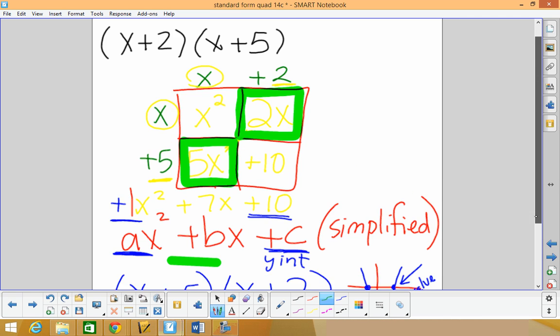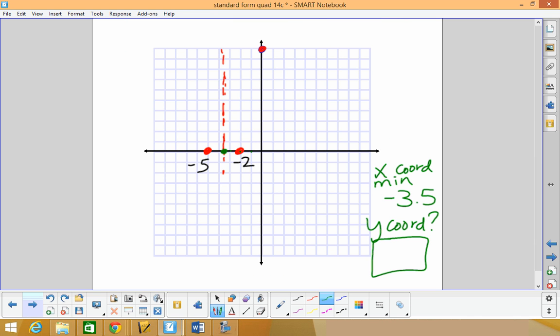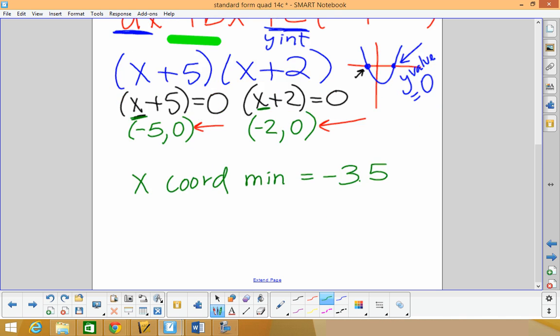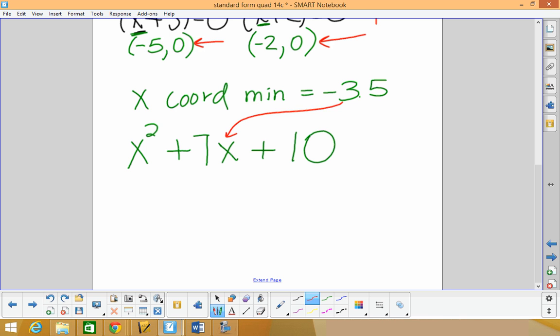So, if the x-coordinate of the minimum is negative 3.5, and again, we got that because we took half of the x-intercepts, we can plug it back into our standard form equation where the x's are.